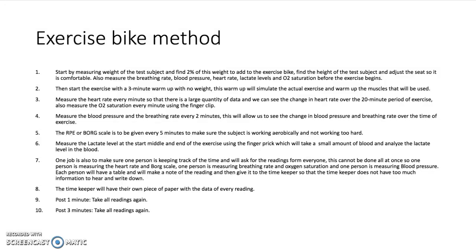Each person will have a table and will make a note of the reading, and then give it to the timekeeper so that this person does not have too much information to hear and write down all at once. The timekeeper will have their own piece of paper with the data for every reading. Also take all readings post 1 minute and also take all readings post 3 minutes.